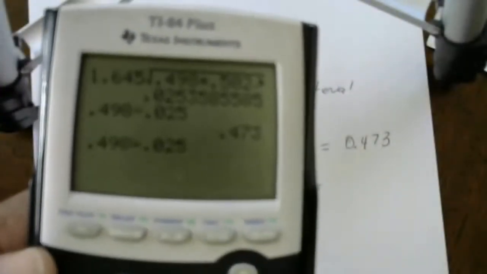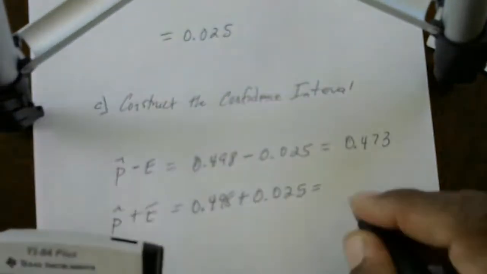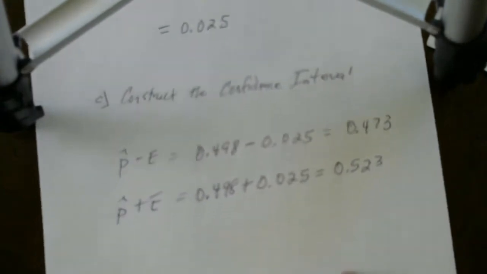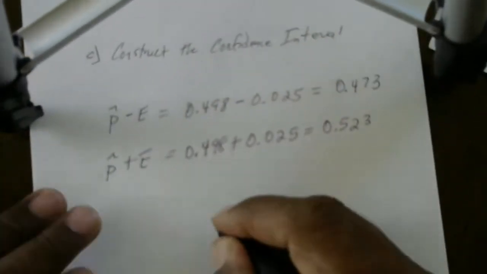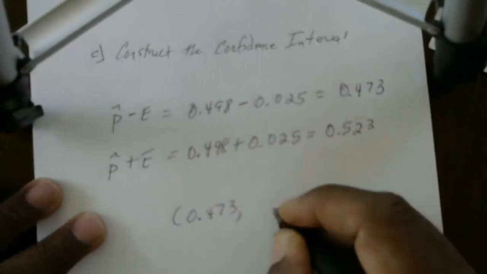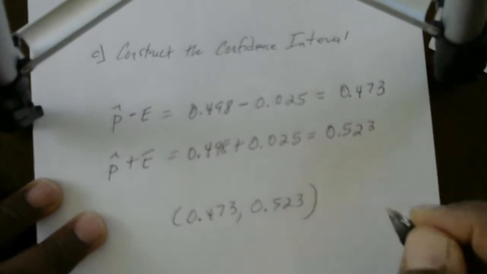So I'm going to just change that to a plus, and we have 0.523. So we have our confidence interval, 0.473 to 0.523.